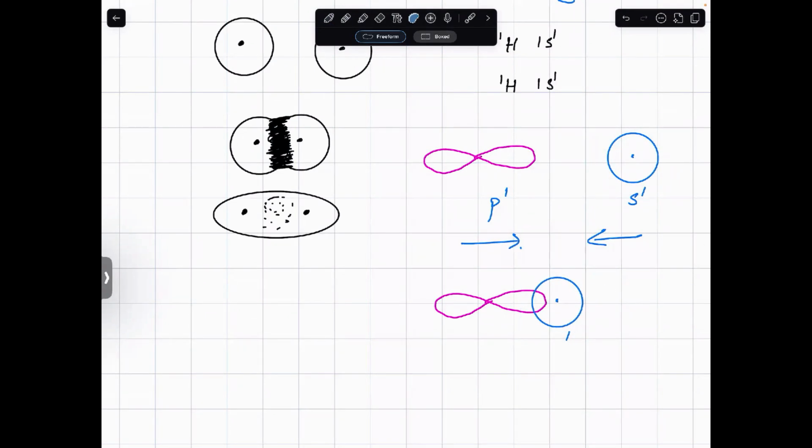Look, when they overlap, the shared pair is between the two nuclei. The electron cloud is between the nuclei, at this place.